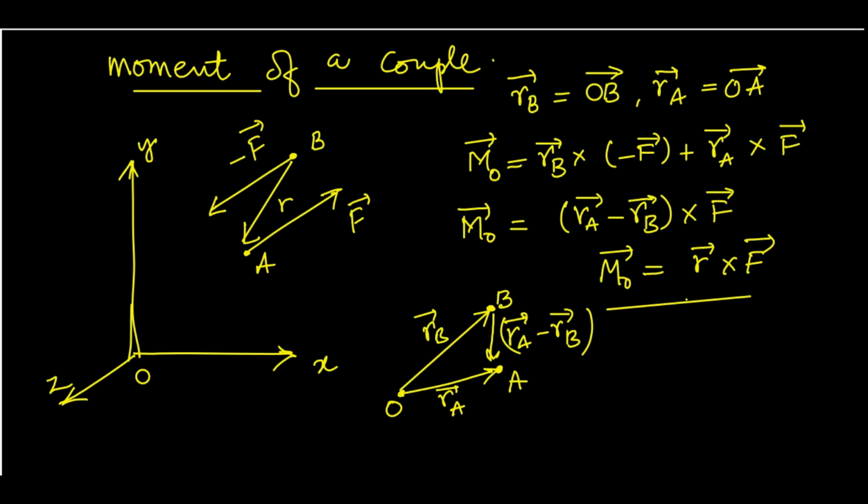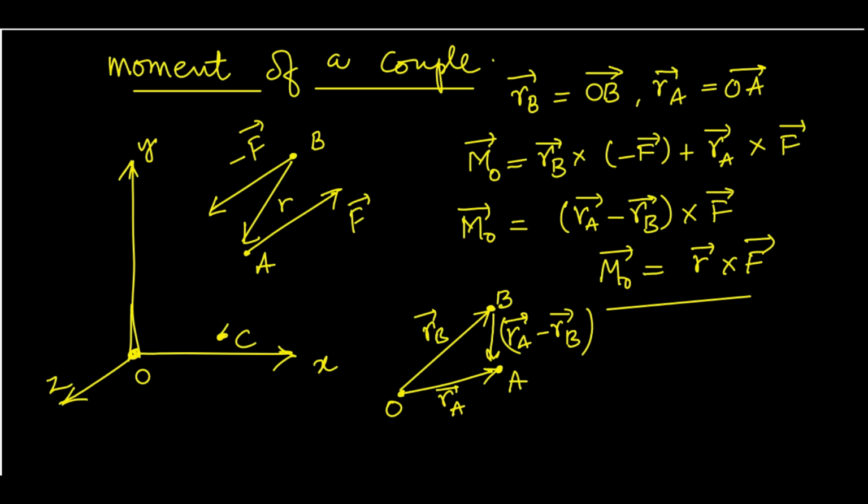The difference between the moment of a force and the moment of a couple is that for the moment of a force, it matters where your R is starting from, right? So the moment of force F is RA cross F. Your point O matters. You take moment about O, then it is RA cross F. If you take moment about some other point C here, then it is RCA cross F, right?